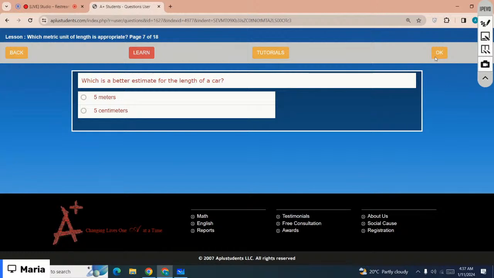That is the length of a car. That is 5 meters. The correct option is 5 meters.